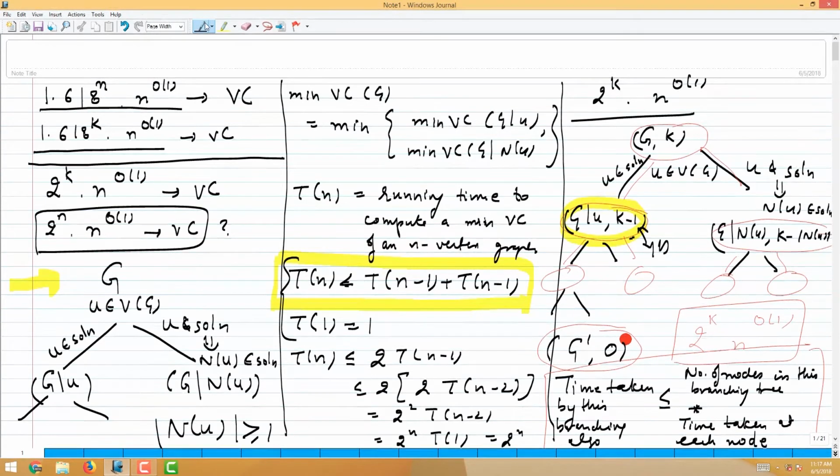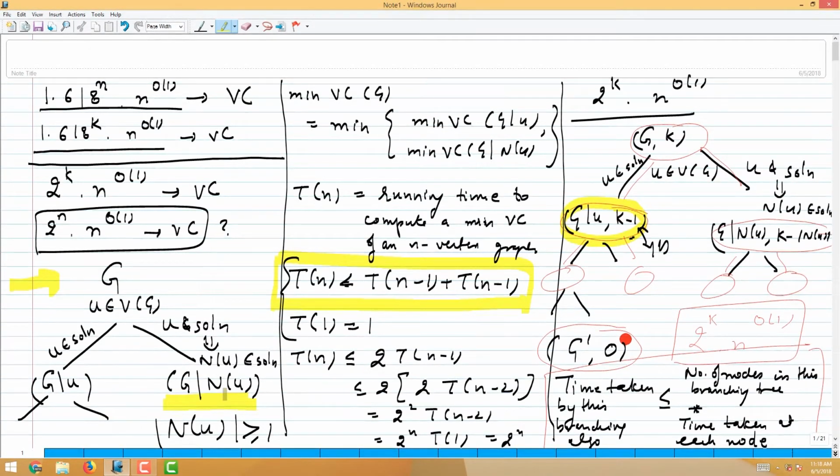So basically in this branch, you know that u is not in the solution and you're picking all the neighbors of u in the solution. Once you pick that, you would apply this isolated vertex rule. So in this instance, you would have decreased the size of the instance by at least 2.